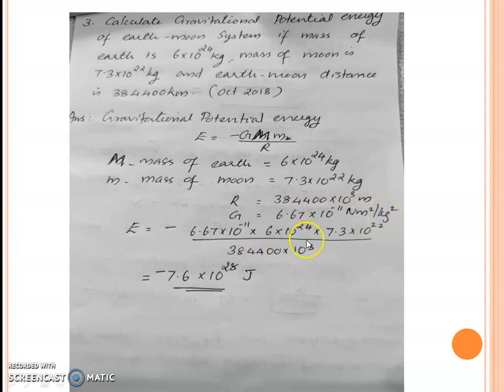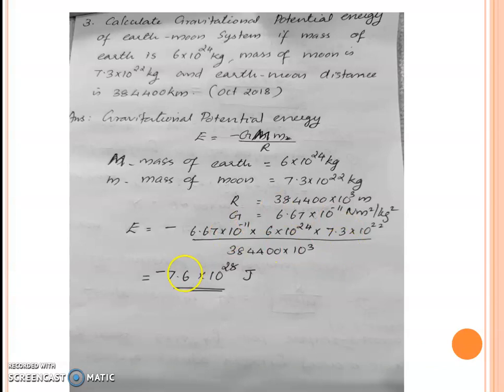Now substituting all these values into this formula, we will get E equal to minus 6.67 into 10 raised to minus 11 into 6 into 10 raised to 24 into 7.3 into 10 raised to 22 divided by 3844 into 10 raised to 5. These two zeros can be put together, then we will get 3844 into 10 raised to 5.